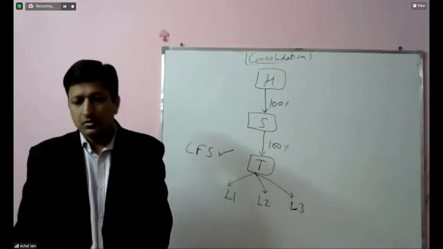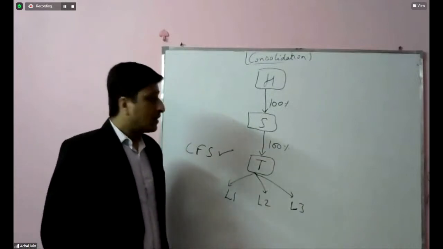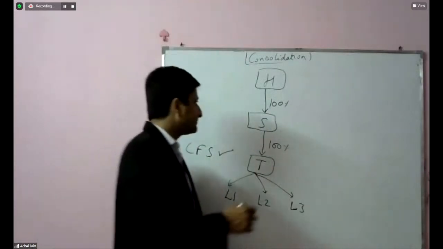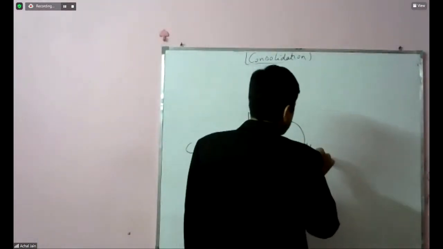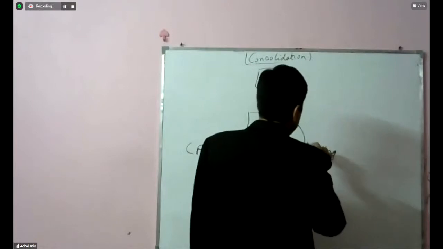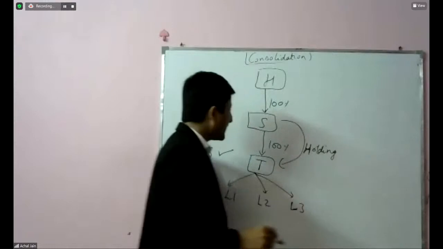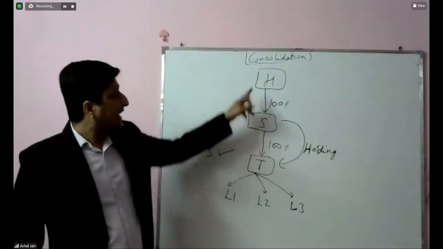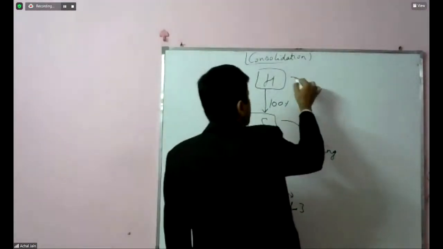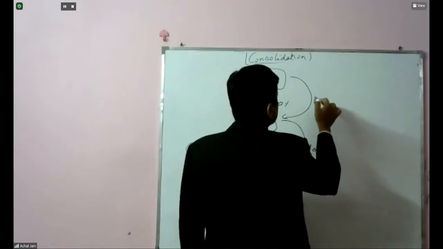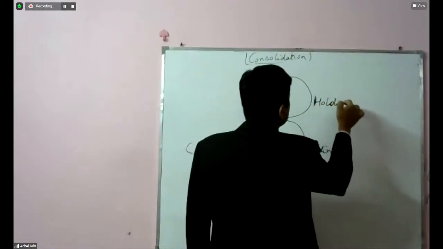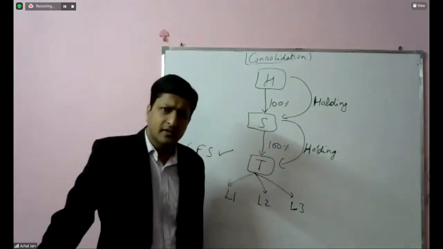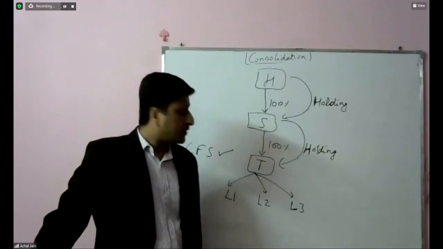Number two, if you look at S, S is the holding company of T. If you look at H, H is the holding company of S. Correct? Yeah. H is the holding company of S.